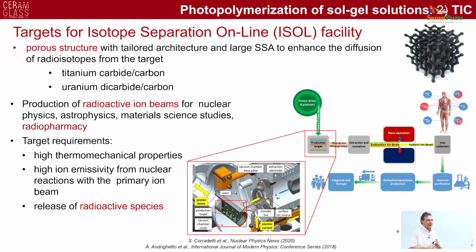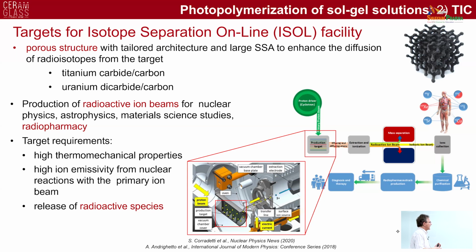And the presence of porosity helps with the effusion, with the release of the isotopes, which are then extracted and further processed. So ideally, we need to have stable micro and meso porosity, which is of course difficult to retain at 2000 degrees for a long time.